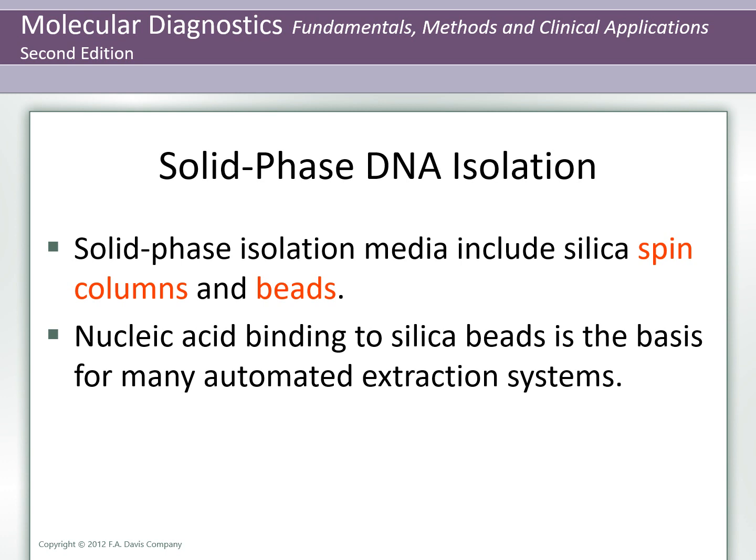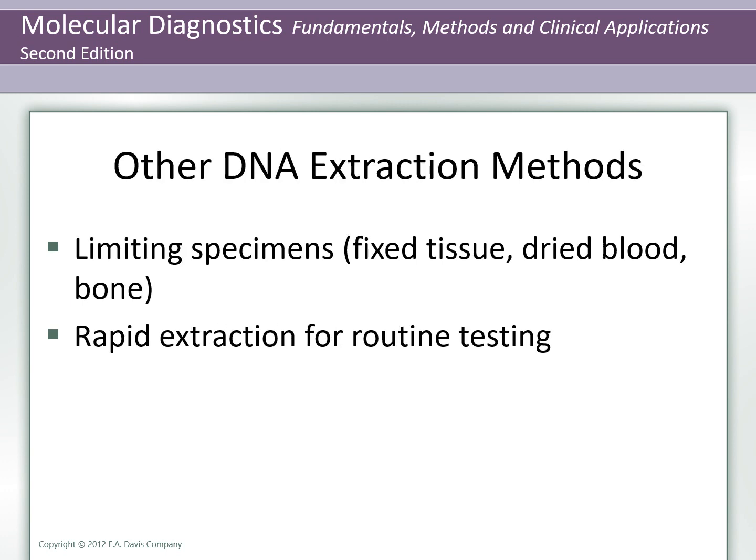These systems are finding increased use in clinical laboratories for automated isolation of DNA from blood, tissue, bone marrow, plasma, and other body fluids. Isolation of DNA from limited amounts of starting material, such as dried blood or bone, and isolation of DNA from challenging samples, such as fixed, paraffin-embedded tissues, can yield sufficiently useful DNA for amplification procedures.